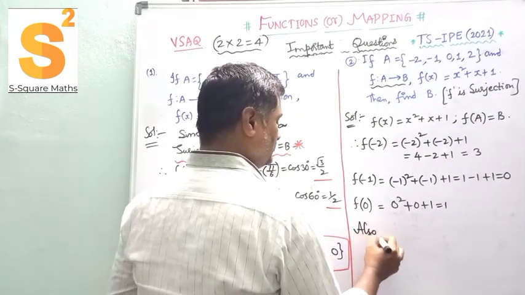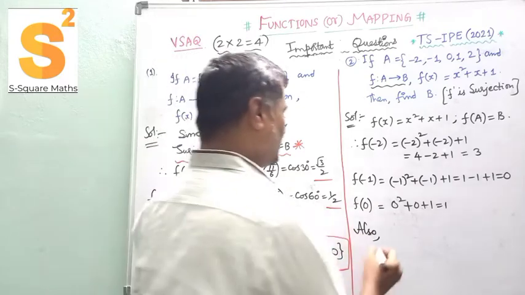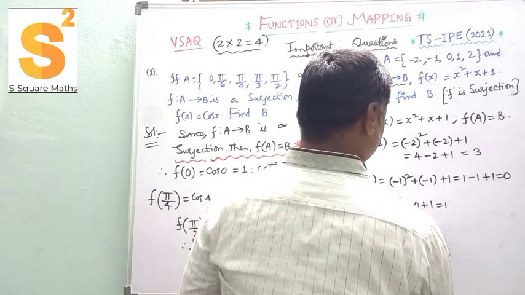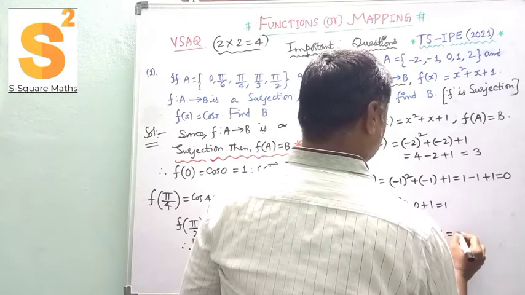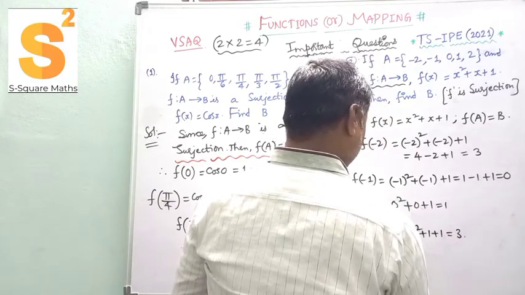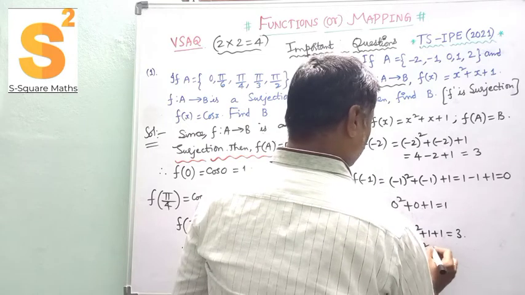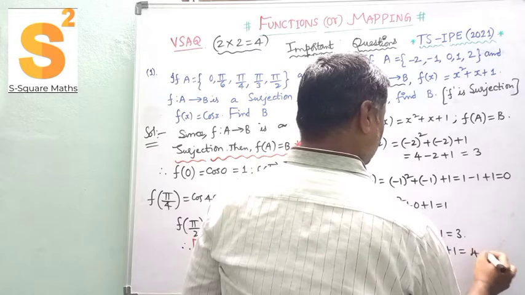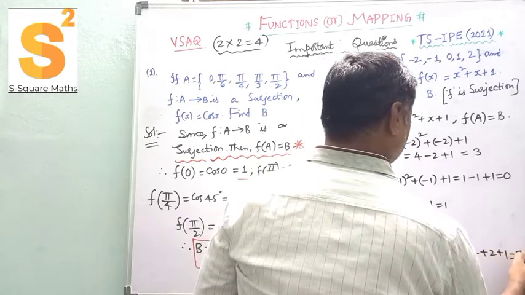Be cautious: f of 1 is 1 square plus 1 plus 1, which is 3. And next f of 2, 2 square plus 2 plus 1, 2 square is 4 plus 2 plus 1, which is 7.